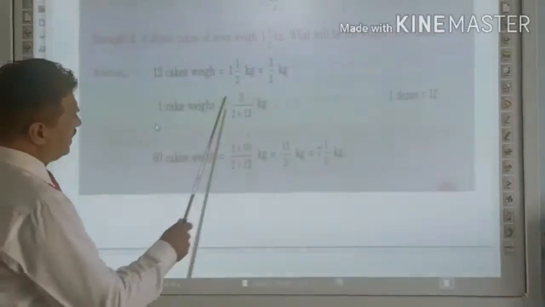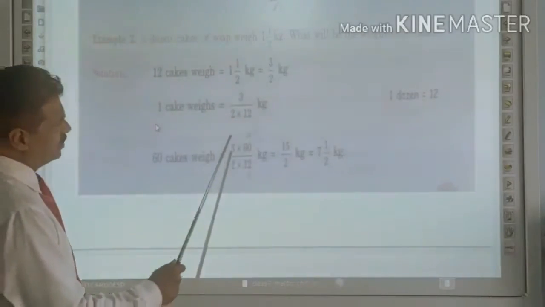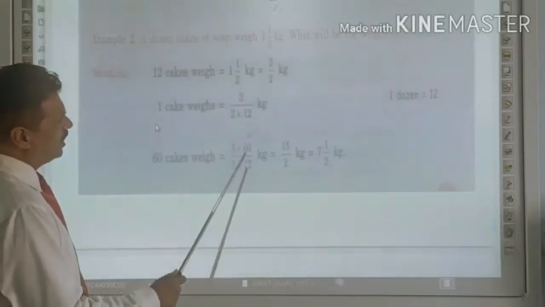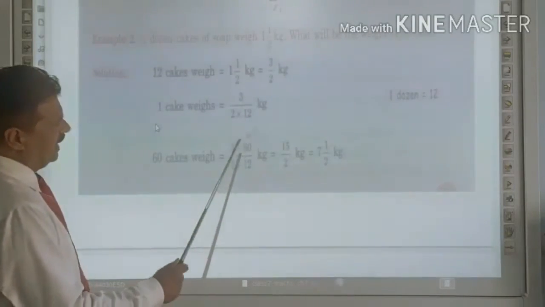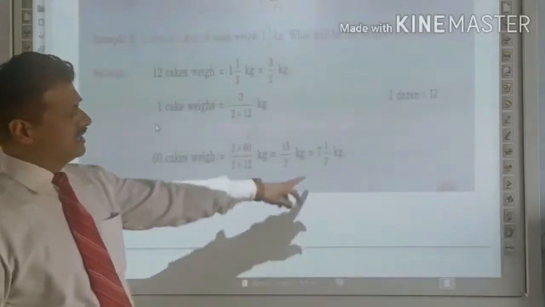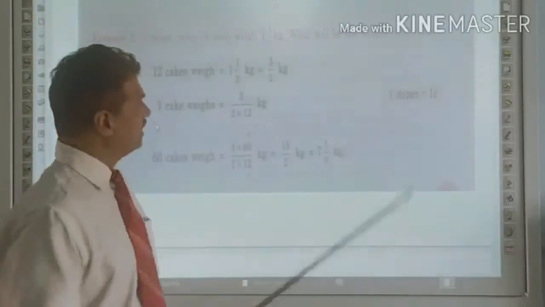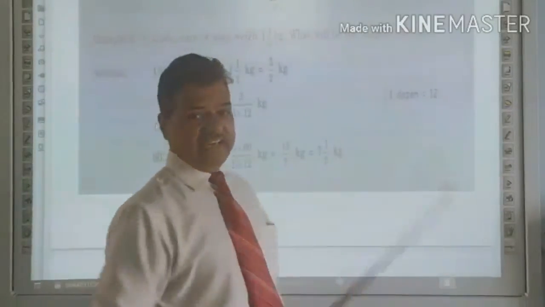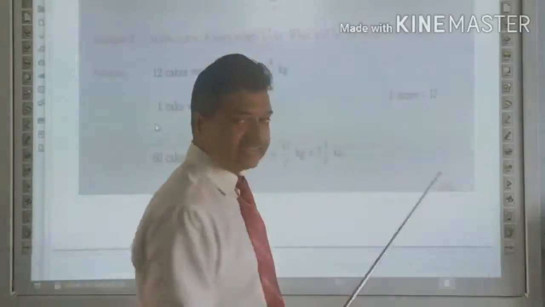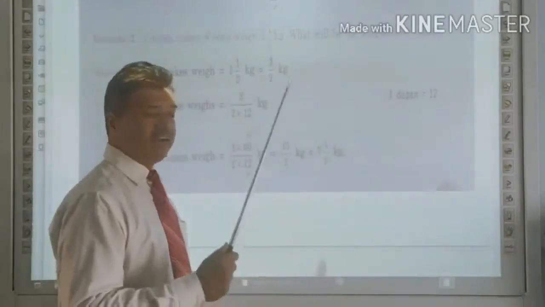So the weight of 60 cakes is equal to 3 upon 2 divided by 12 into 60, that is 15 upon 2, equal to 7.5 kg.